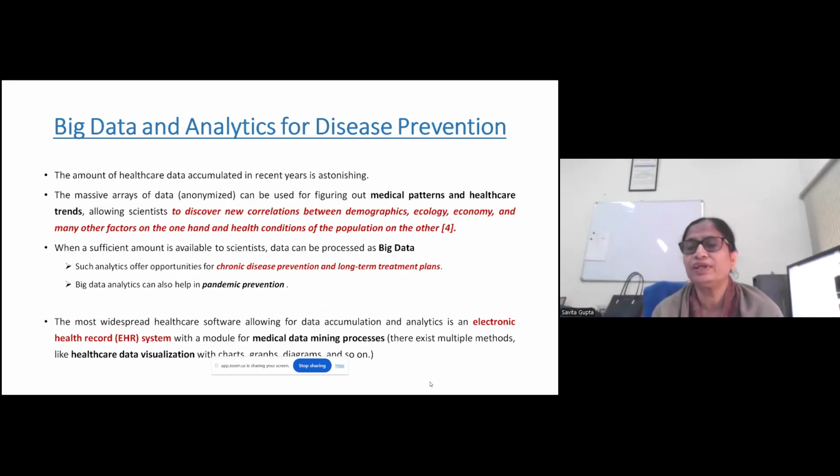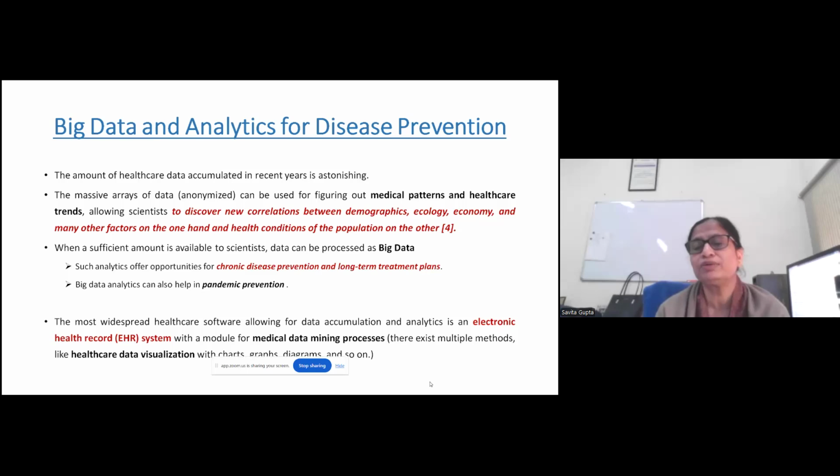Another buzzword in today's technology world is big data and analytics. What is big data? When a vast amount of data is available, that is called big data. As we know, a huge amount of healthcare data has accumulated in recent years, in the form of medical images like ultrasound, MRI, X-rays. Every patient's health data is recorded by every hospital to maintain records in the form of an EHR, electronic health record system.